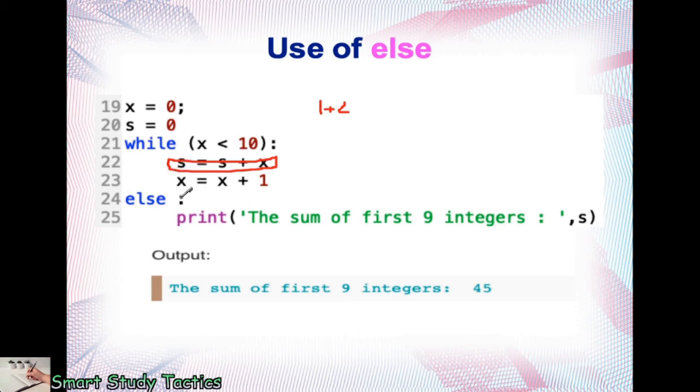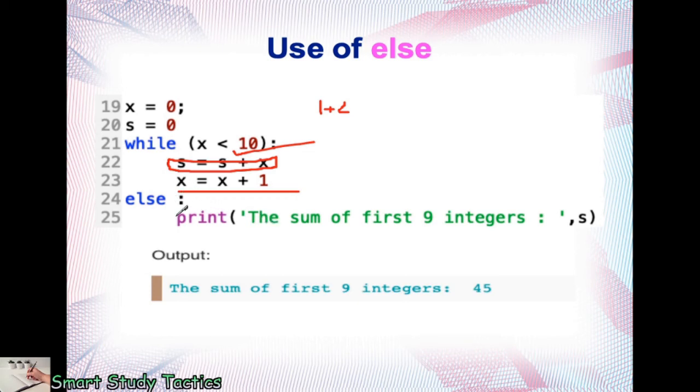Okay, and if it does not fulfill the condition, it will come out of this. So what will it do? It will print the answer. If I write the print answer here inside, it will print the answer every time. Answer of 9 integers is 1, then 1 plus 1, 1 plus 2, 3, like that it will print.